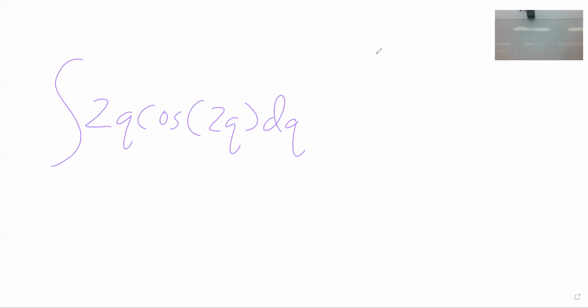Okay, so there's something we need to do with this 2q hanging out front, but ultimately we will be having an integral of cosine. So what I was thinking was, pretty much all you've done at this point, other than remembering antiderivatives, would be the substitution method.